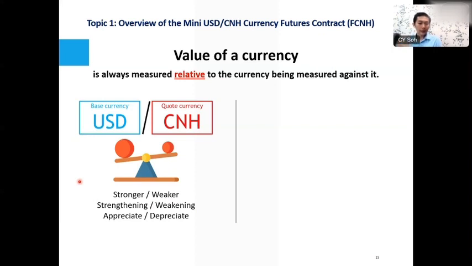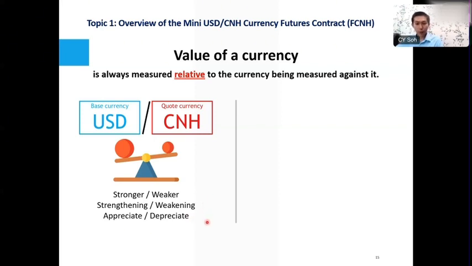So when you analyze currency, here are a few words that we will be using interchangeably: stronger, strengthening, appreciate. All of them are referring to the same situation, whereby you are going to exchange more of the other foreign currency, which is your CNH. Similarly, the same goes for weaker, weakening, and depreciate.